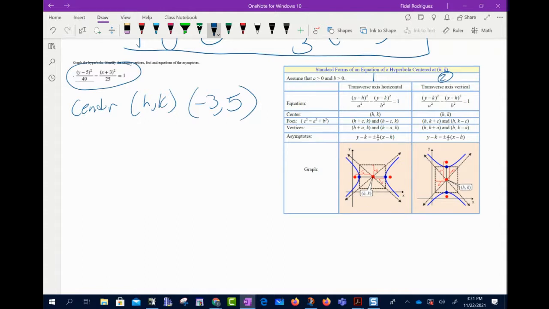Let's find the vertices. I'm just going in order, like what it's telling me here. Since I'm using this part here, the vertices are going to be (h, k plus a) and (h, k minus a).